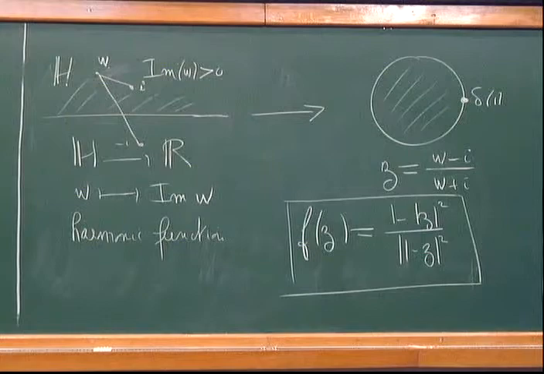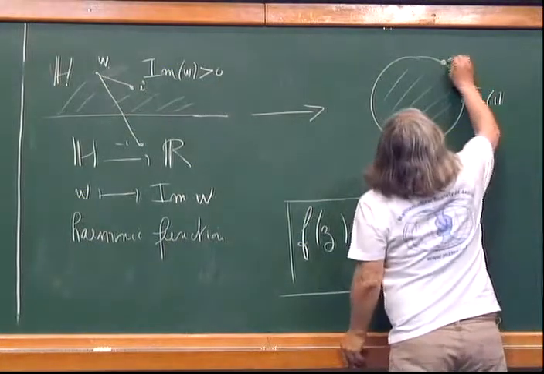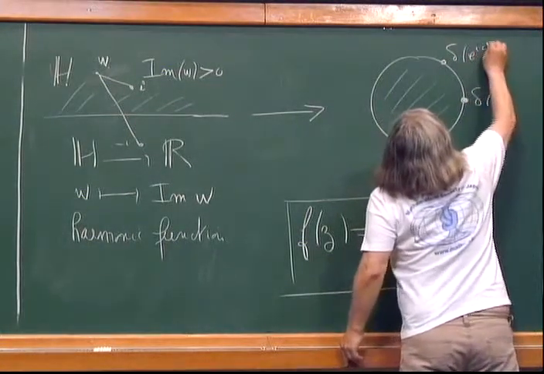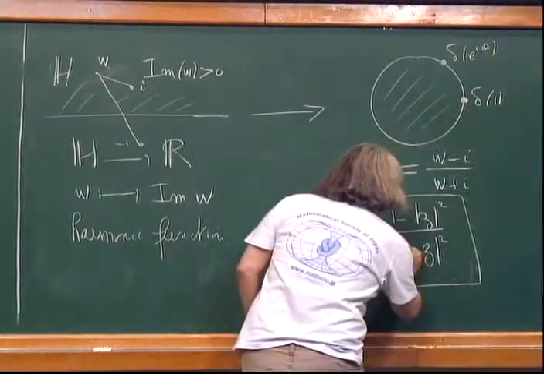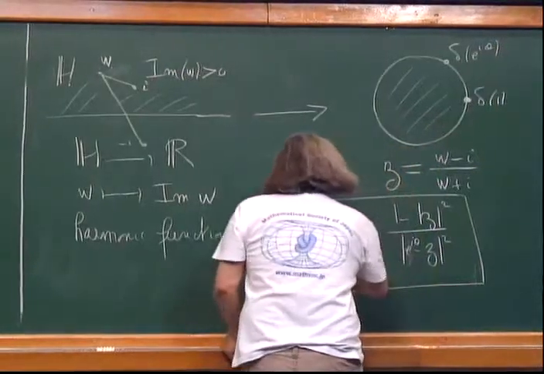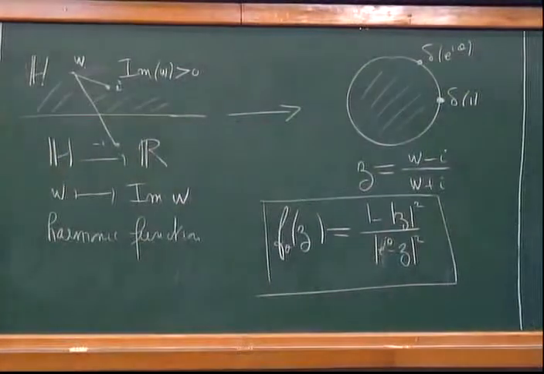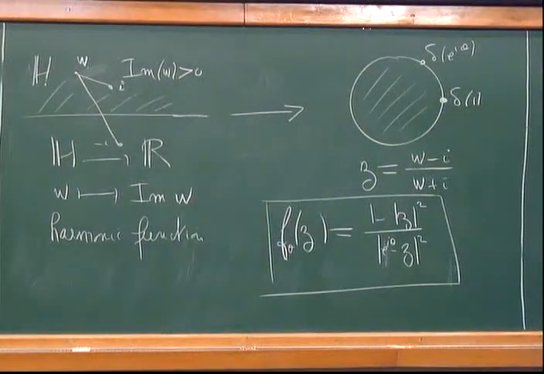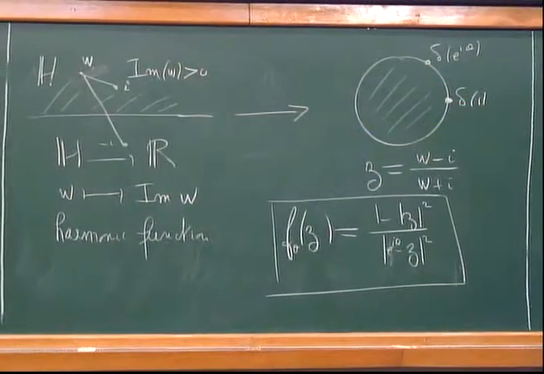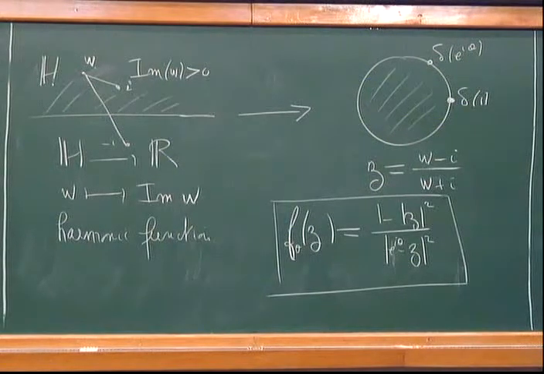If I want to produce a Dirac mass at the point exponential of i theta, it's just enough to replace this. This is a harmonic function in the disk whose boundary value is a Dirac mass at exponential of i theta.